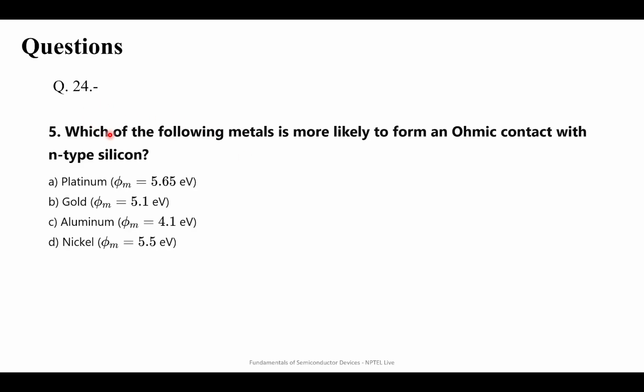Next question: which of the following metals is more likely to form an ohmic contact with n-type silicon? Platinum with work function 5.65, gold with work function 5.1, aluminum with work function 4.1, nickel with work function 5.5.